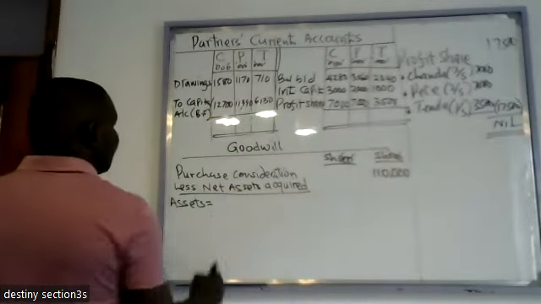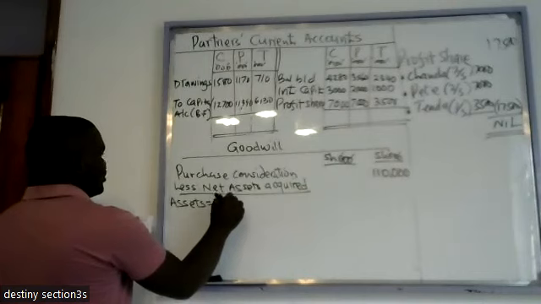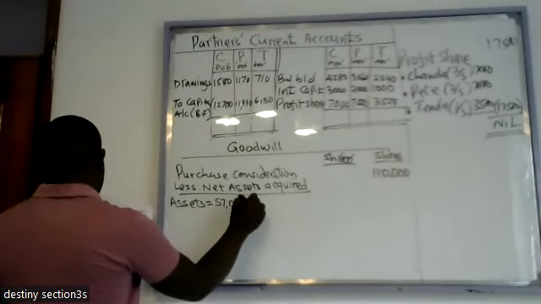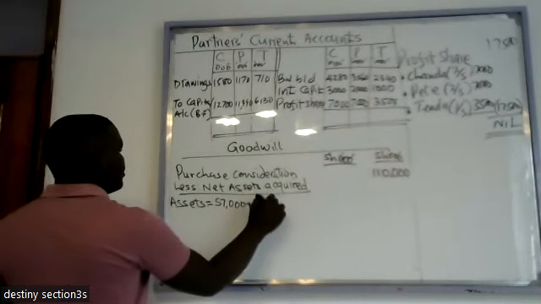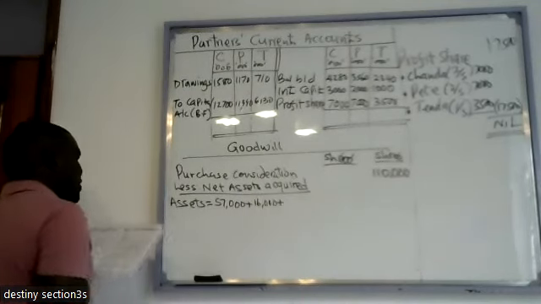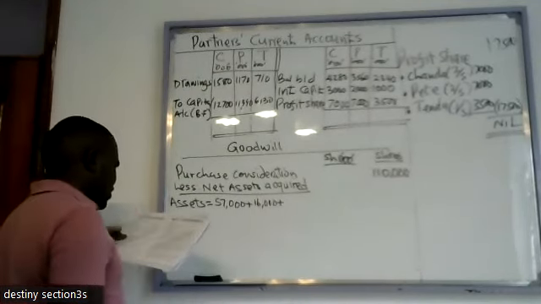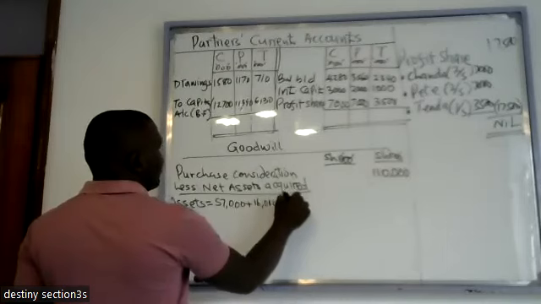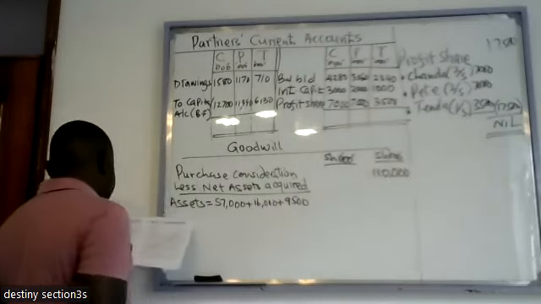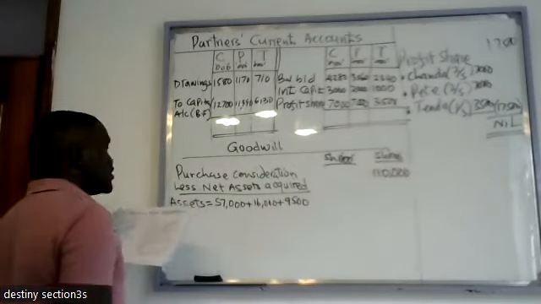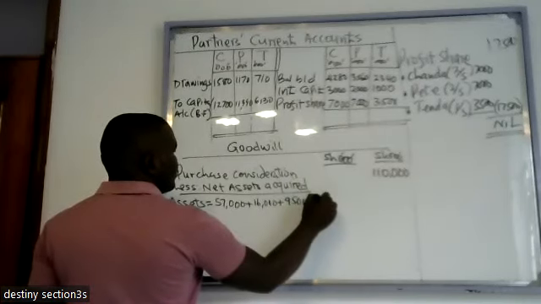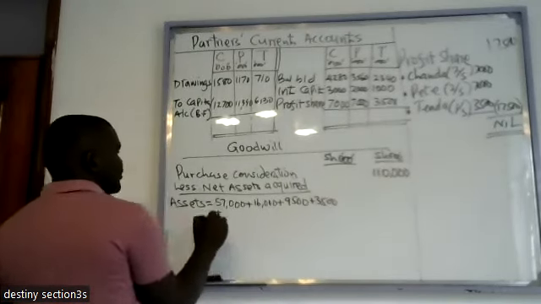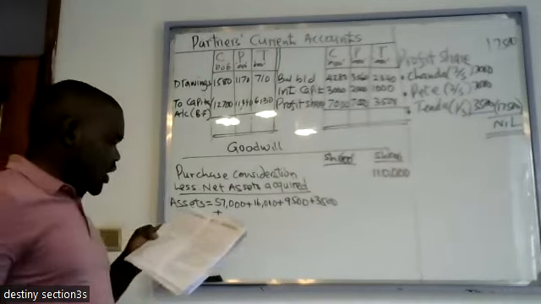So property 57, plant 16, plus motor vehicle 95, plus fixtures 35, those are non-current.